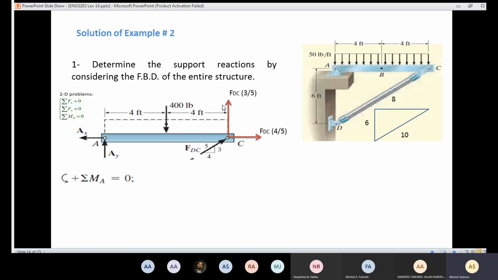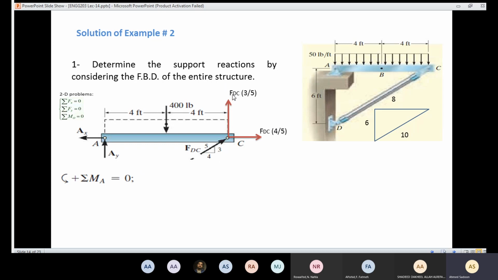Then I'm going to have a moment because of FDC times 3 over 5. If you draw the line of action, the perpendicular distance is going to be 8. And regarding the 400 pound force, if you draw the line of action, the perpendicular distance will be 4 feet. So I have a moment because of this force and a moment because of that force.